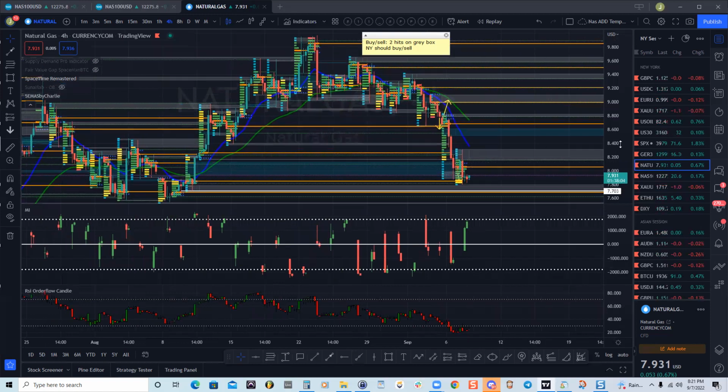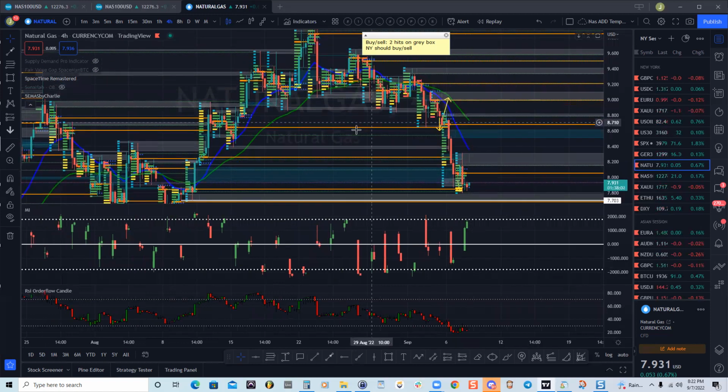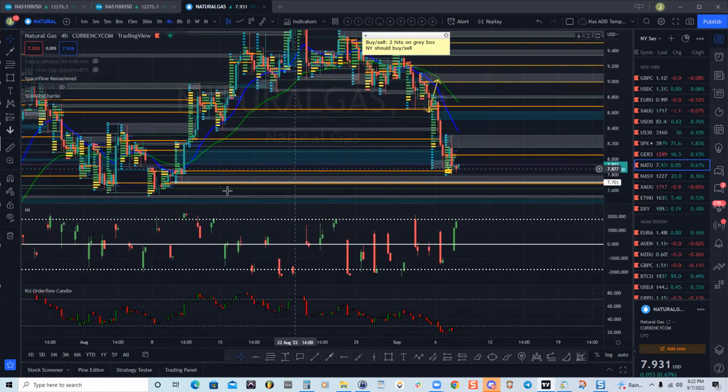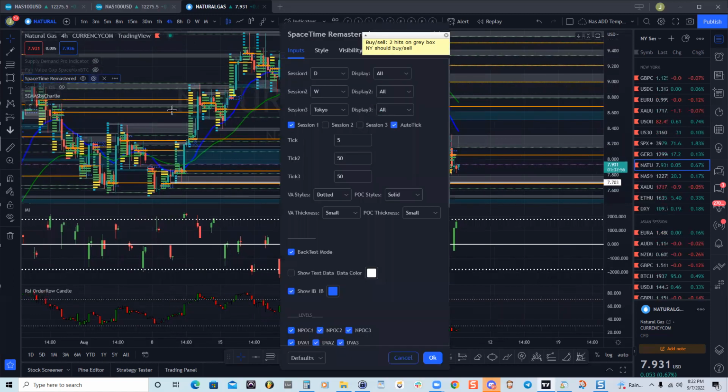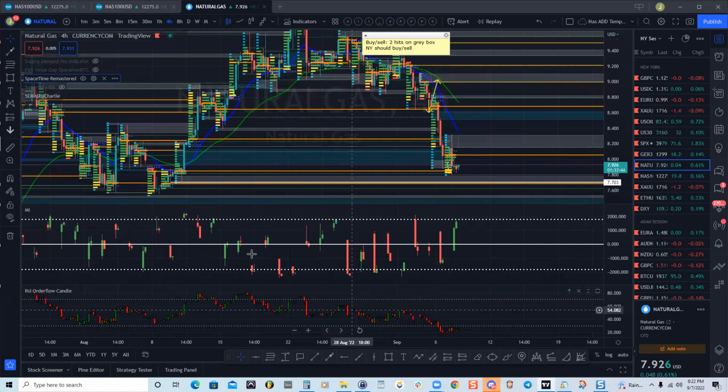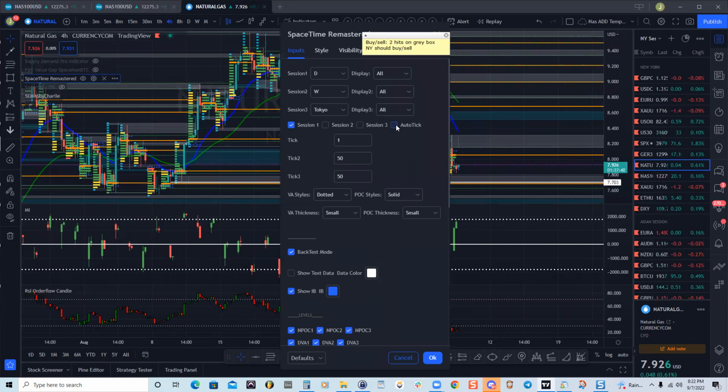Wow, I was just talking to Seb about this the other day. I said if natural gas comes down to this zone here, it's a buy zone. See that? You want the hills to look a little bit spread apart. You gotta play with the settings. So see, these things are different.